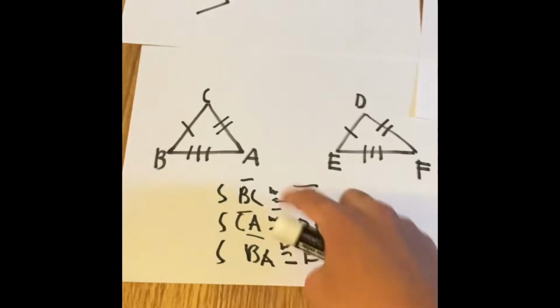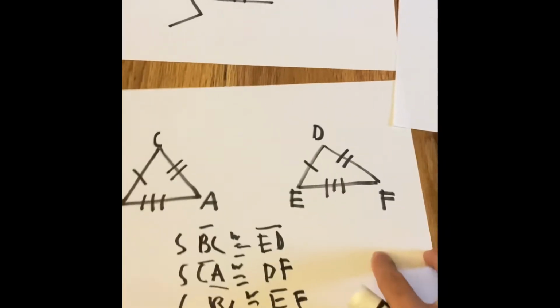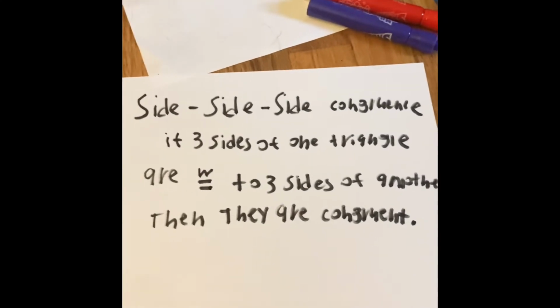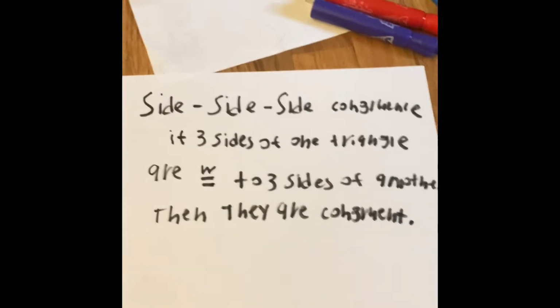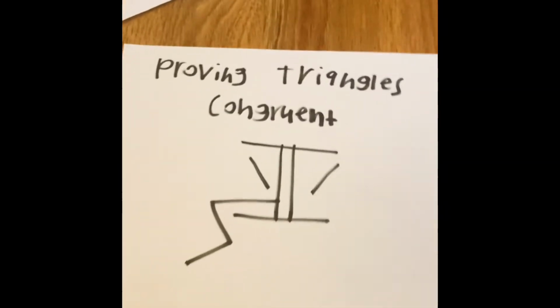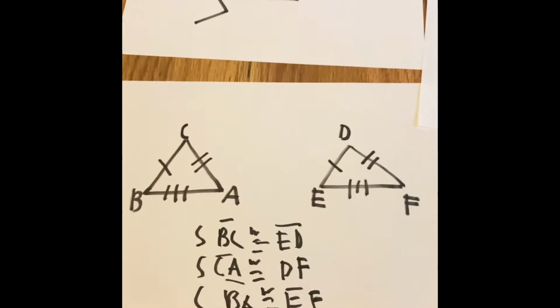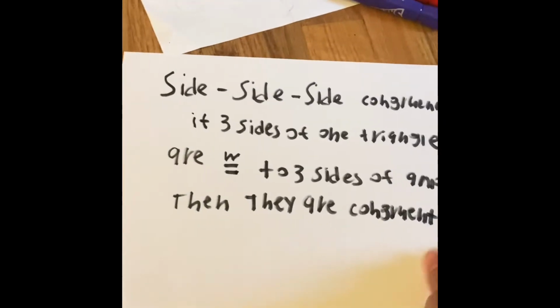If we can state all that, then these 2 are congruent, and that is why it's called side, side, side. If 3 sides of one triangle are congruent to the other, then both triangles are congruent. So that is one way we can prove a triangle is congruent, just with its sides. But what happens if it's not just side, side, side?